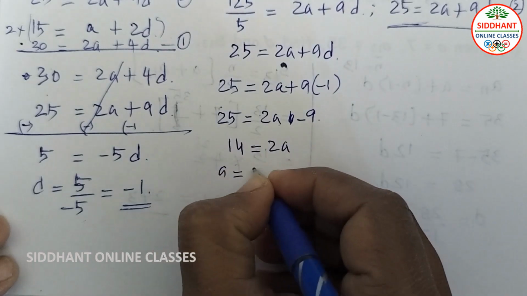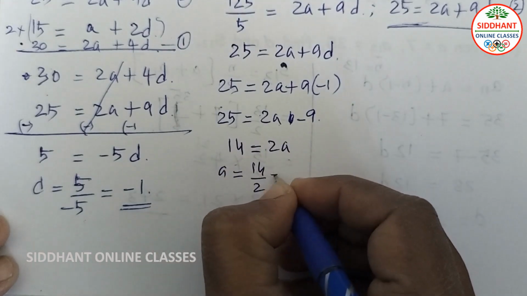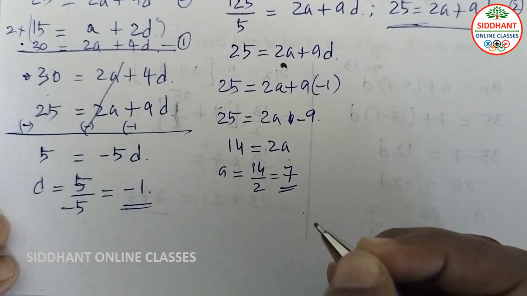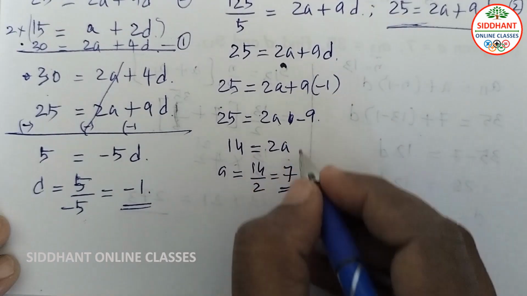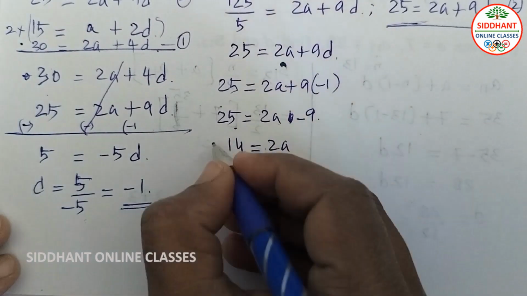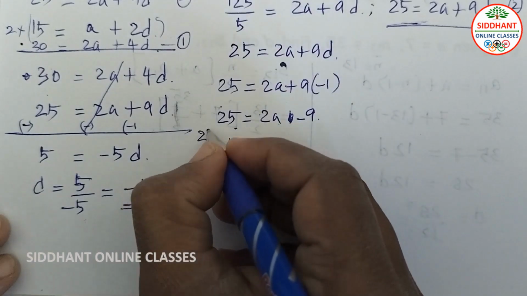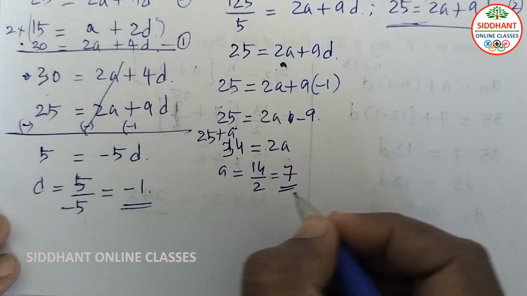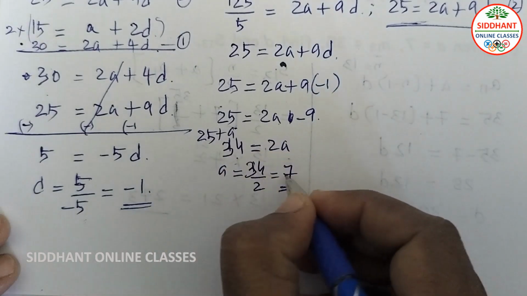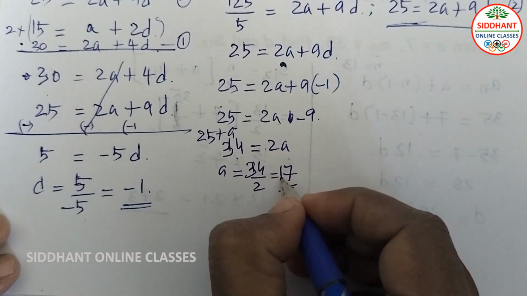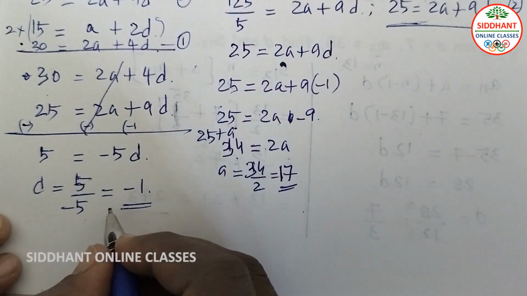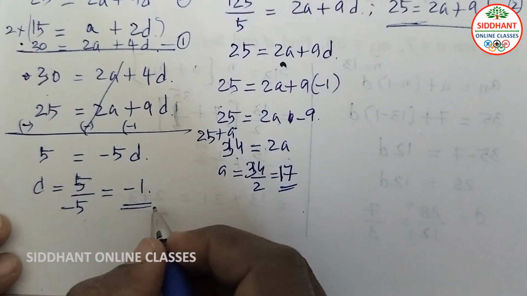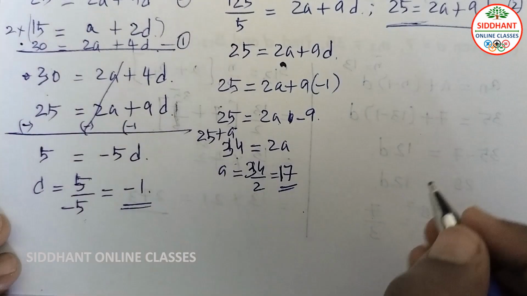So A equals 34 by 2, which will be 17 here. So the A value is 17, and the D value is minus 1.